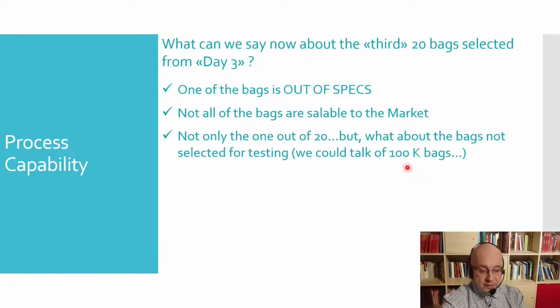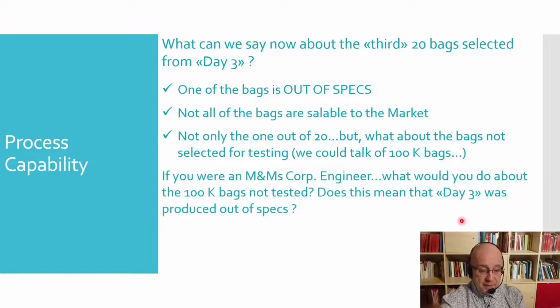So what would be the percentage of out of specs bags out of the 99,980 bags not selected? What is the percentage of out of specs over this huge number of bags not selected for testing? If you were an M&M's corporate engineer, what would you do about the 100,000 bags not tested?